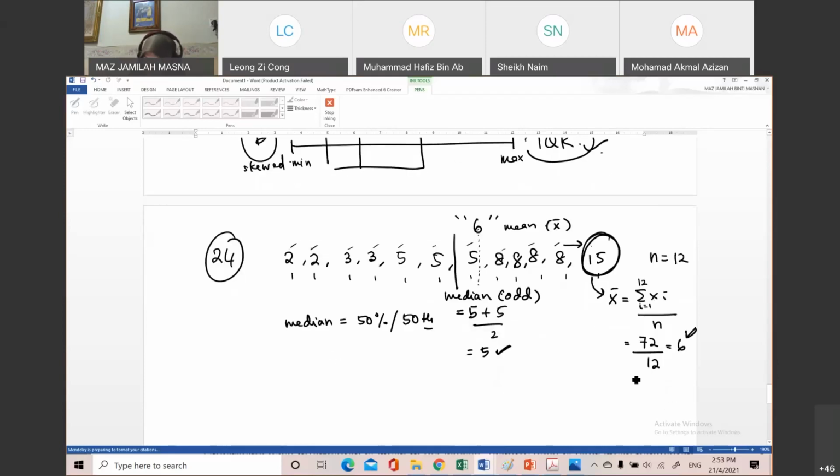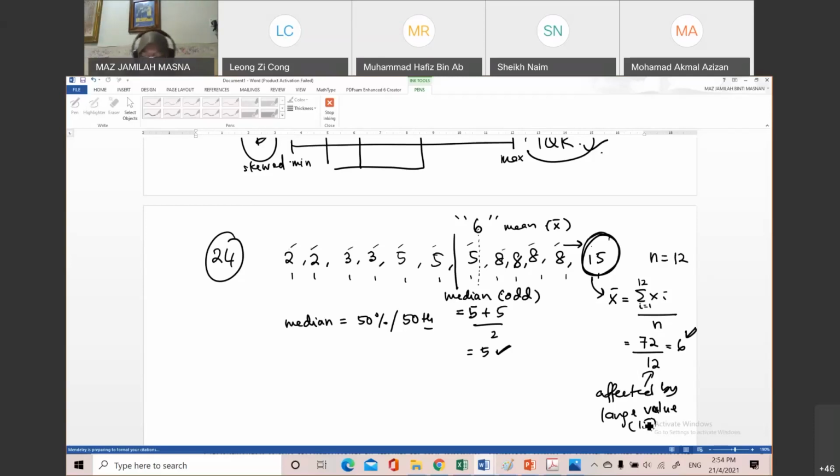So affected by large value, that is 15. What about the median? If you have 100, 101, 150, whatever sample size, the median will always be in the middle of your data set. So it will not be affected by a very low value or a very extreme value.